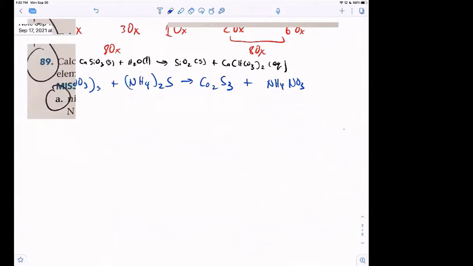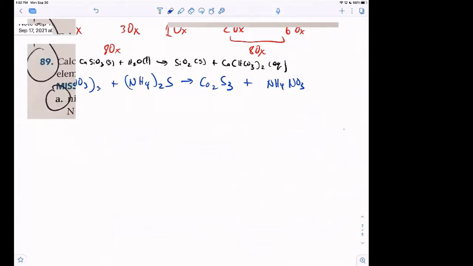You have cobalt over here in one atom, and which one am I picking? Why am I picking certain ones? I pick the ones that are easy to find the ratios. So I'm pointing at the first one, the cobalt nitrate. There is 1 unit of cobalt in that, and the cobalt 3 sulfide on the right has 2 cobalts.